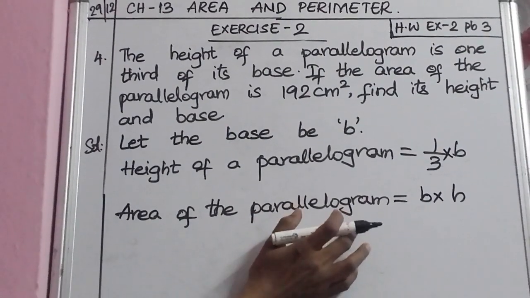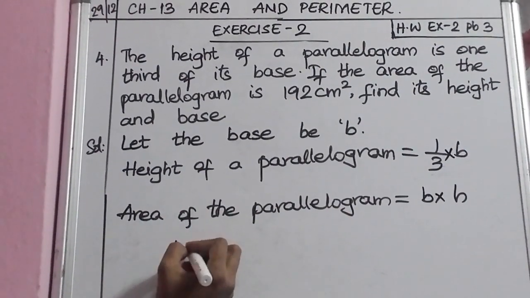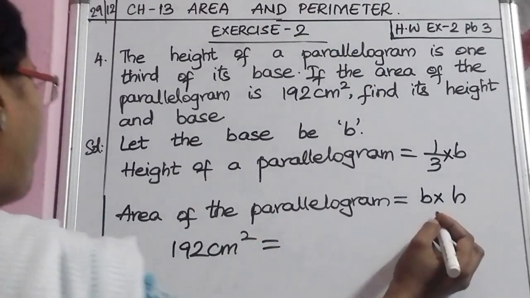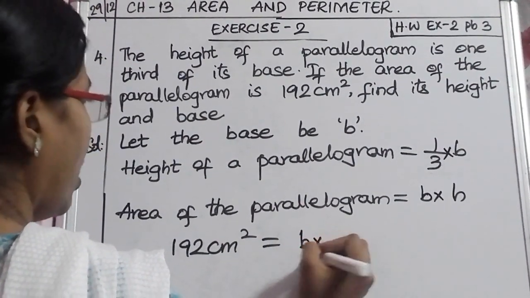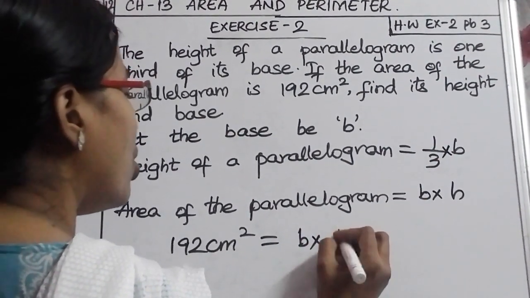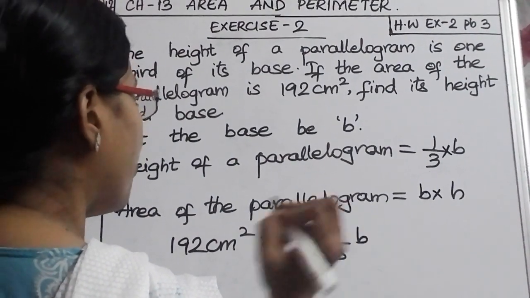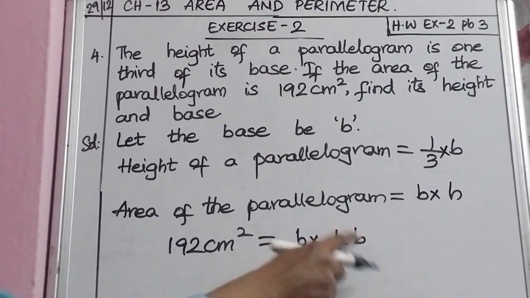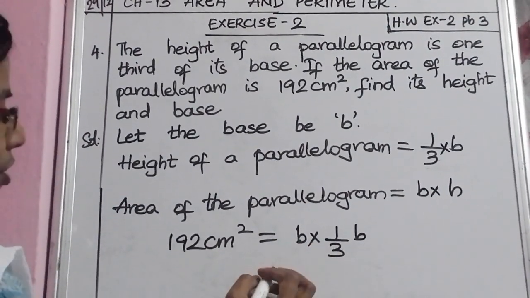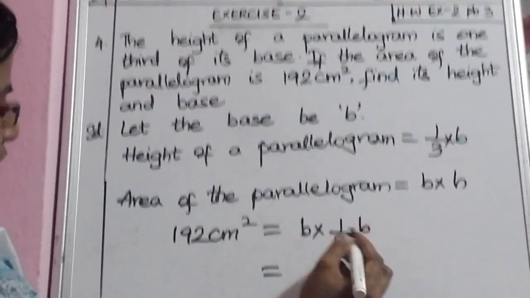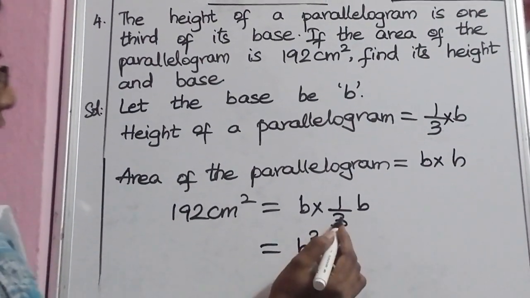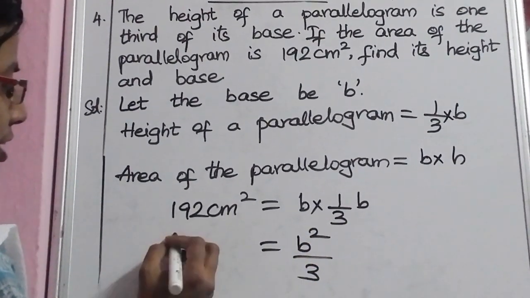So area of the parallelogram is given as 192 centimeter square, which is equal to base. Base is B and height is 1/3 of base. So when you multiply this, B into B, B square, this 3 as it is I am writing.